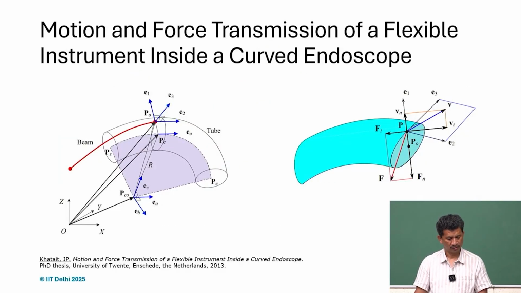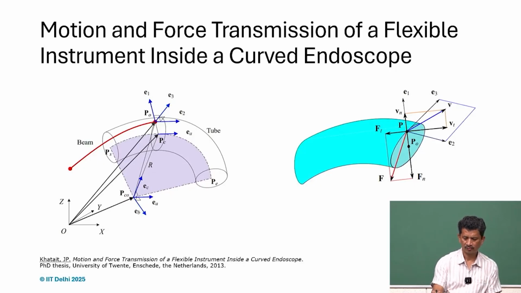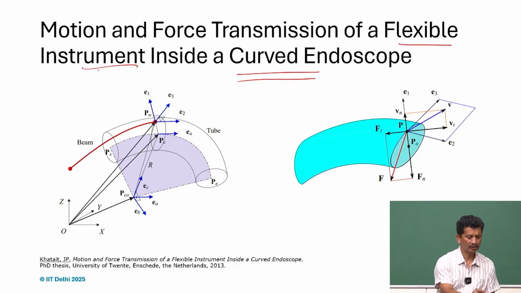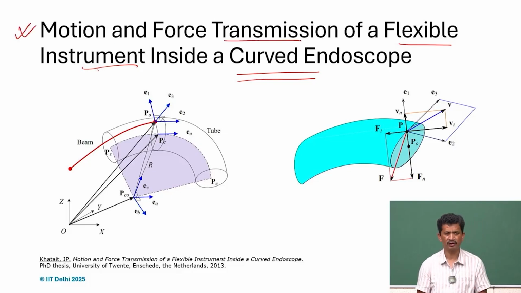So a very good example of, again, the combined motion, and this was out of my PhD work, where I talked about flexible instruments, and when we move inside a curved endoscope, how we can improve the motion and force transmission of these instruments.